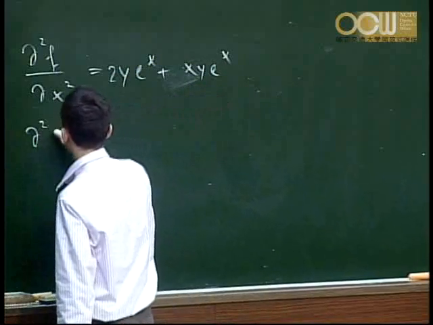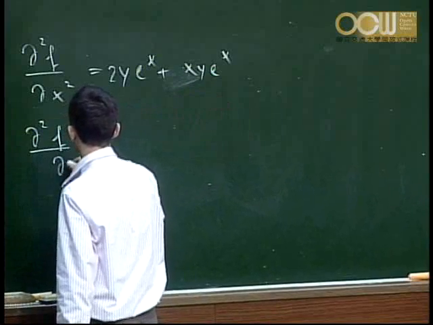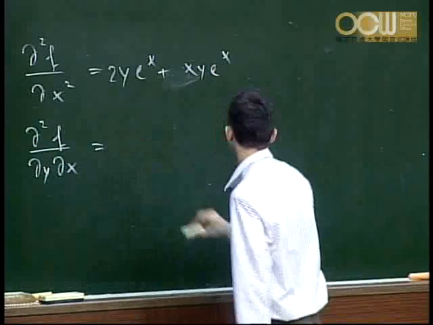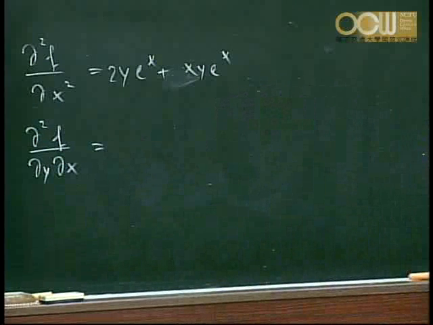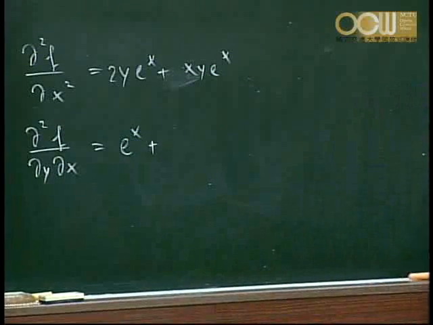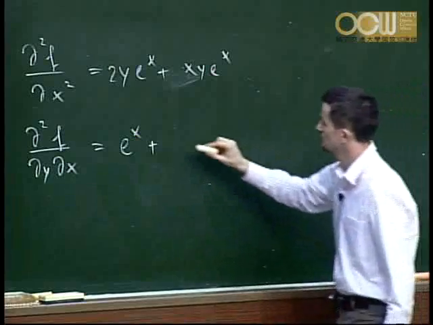Now the second partial derivative first with respect to x, then with respect to y. Okay, so we have to take this one now with respect to y. So we have e to the x plus x e to the x.